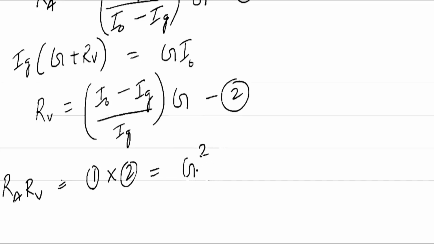And the terms Ig upon (I naught minus Ig) and (I naught minus Ig) upon Ig will both get cancelled out. So it's only G square. This implies RA times RV is equal to G square.